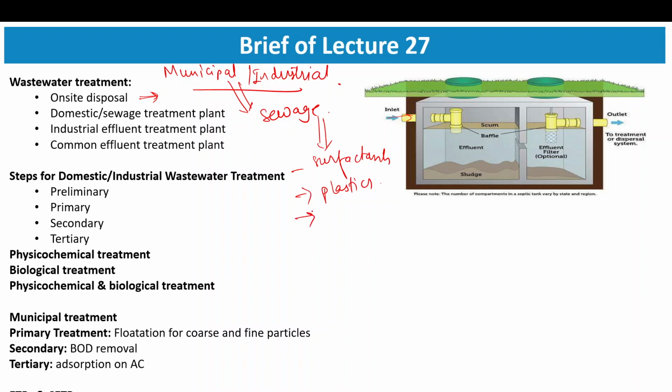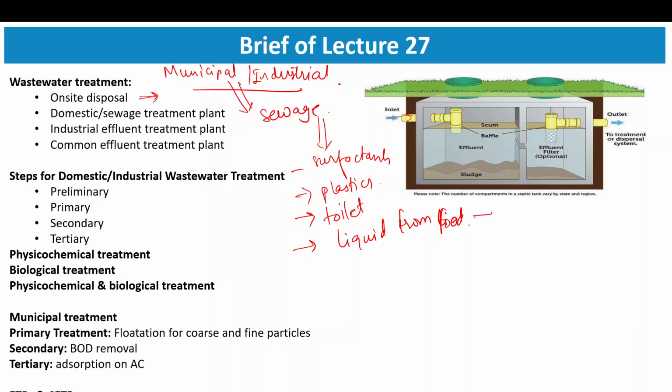Then you can have toilet waste. All such types of waste will be there in sewage, and there can be some liquid coming out of food also. All such water will be taken care of in a sewage treatment plant.